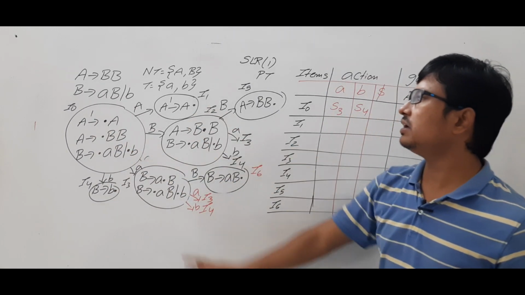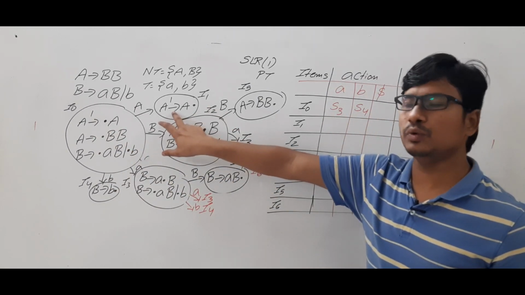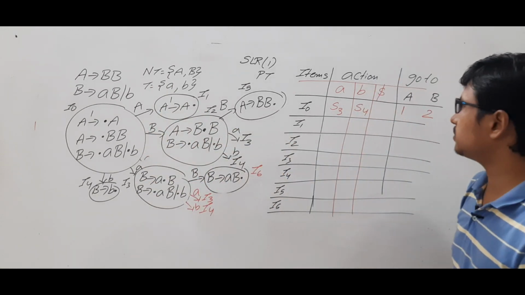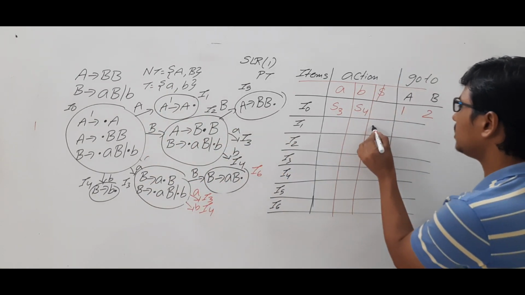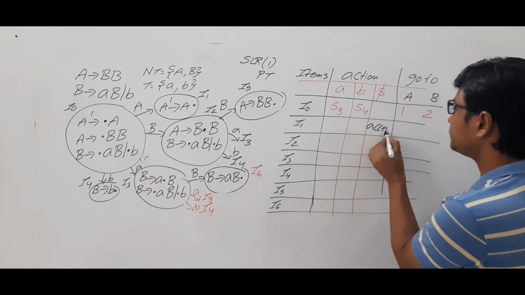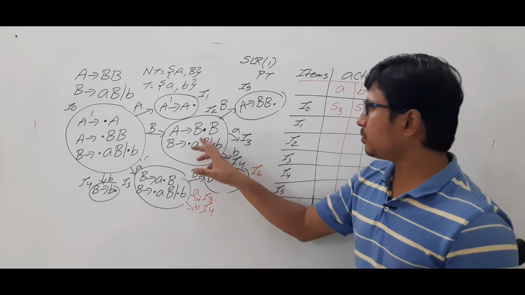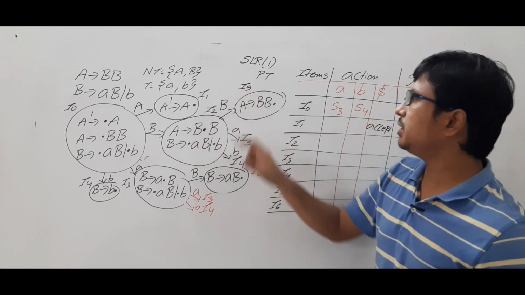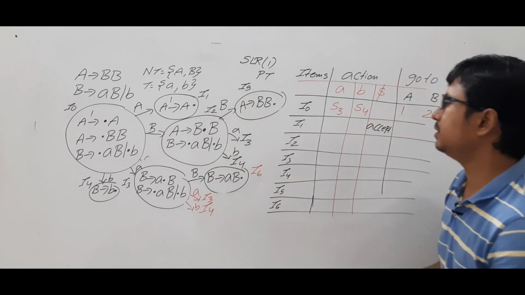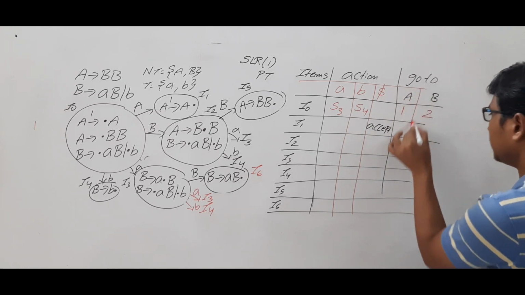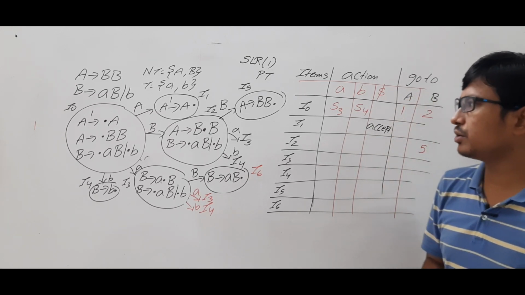Come to I1. I1 is a reduced move and it is the augmented production. So where will you write the accept? You will write it in the dollar. Is it clear? So I1 is finished. Come to I2. I2 on B, you are going to I5, so you write 5. Is it clear? Are you able to understand?